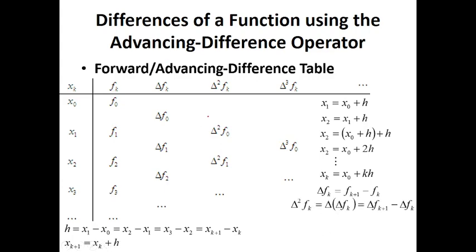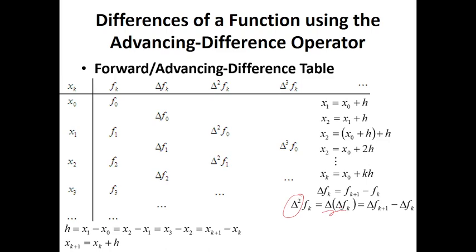Next, we are to obtain the second differences of the function, denoted by delta squared f sub k. How do we get delta squared f sub k? We can rewrite delta squared in terms of this.